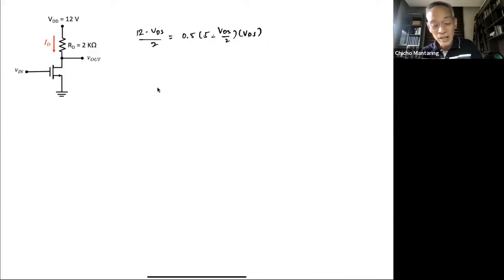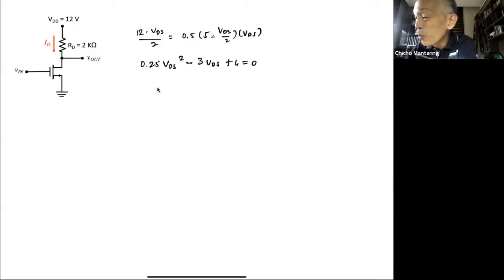It's going to look like this: 0.25 VDS squared minus 3 VDS plus 6 is equal to 0. The 6 comes from 12 over 2.